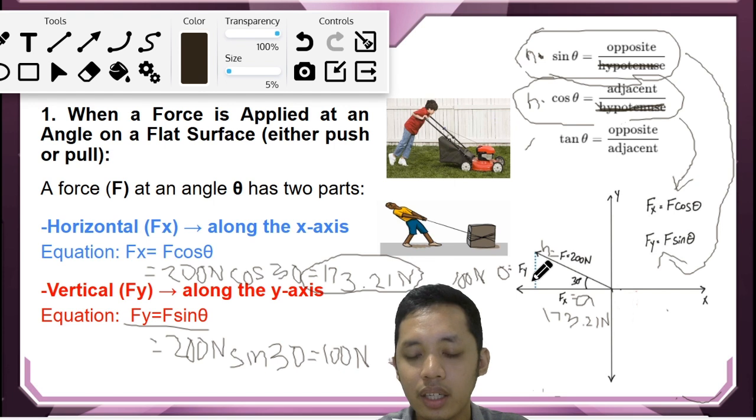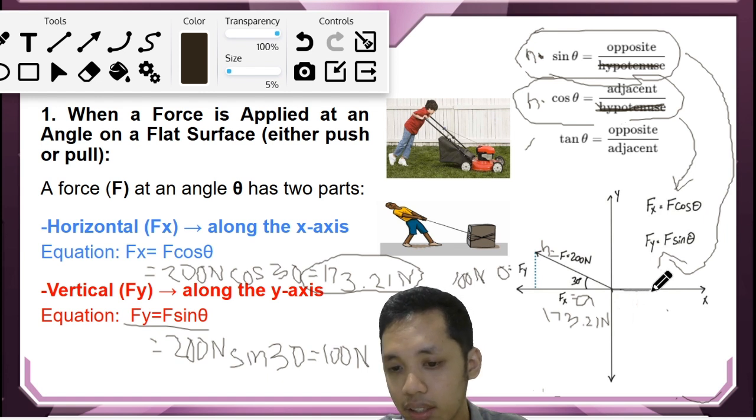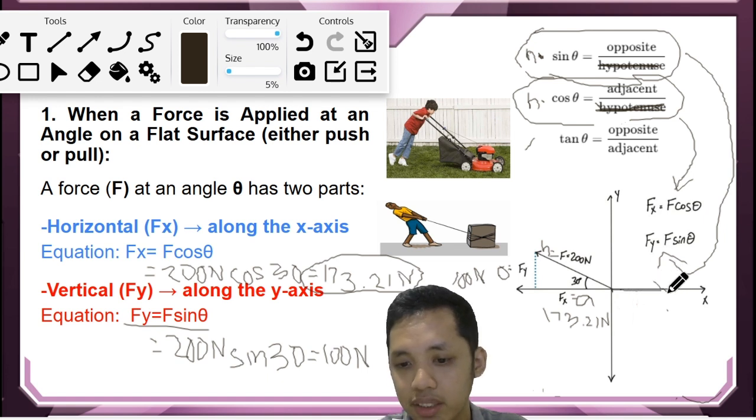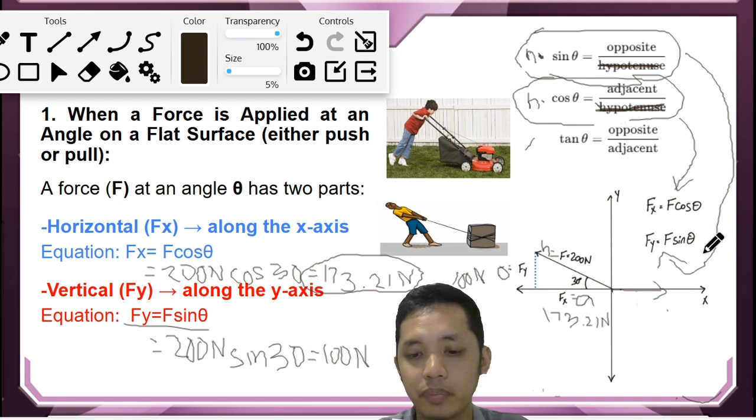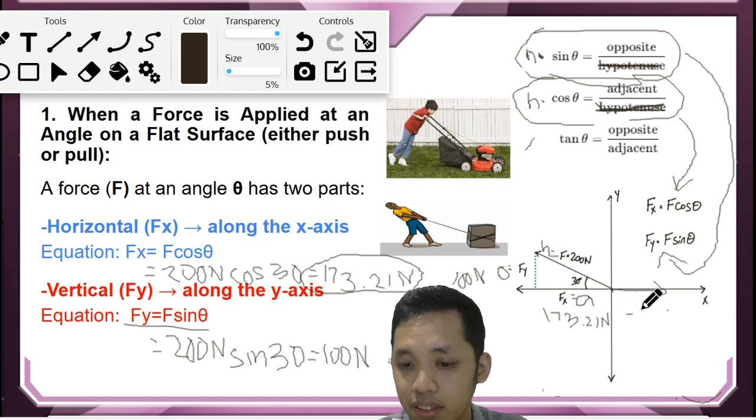Now, let us assume that the floor applies a friction force of negative 50 newtons.